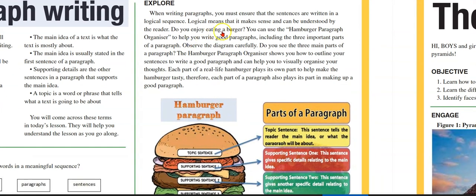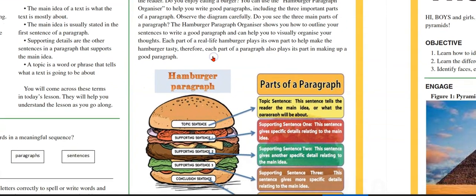Do you enjoy eating a burger? You can use the Hamburger Paragraph Organizer to help you write good paragraphs, including the 3 important parts of a paragraph. Observe the diagram carefully. Do you see the 3 main parts of a paragraph?